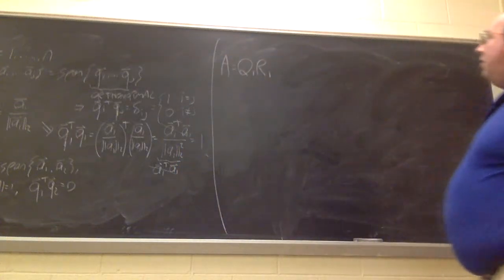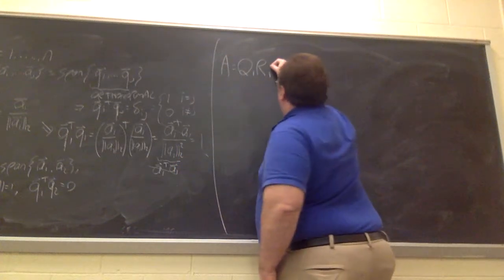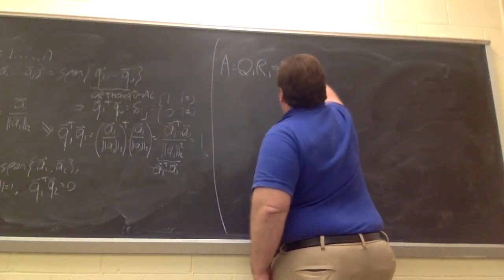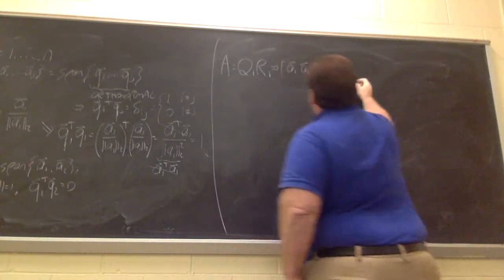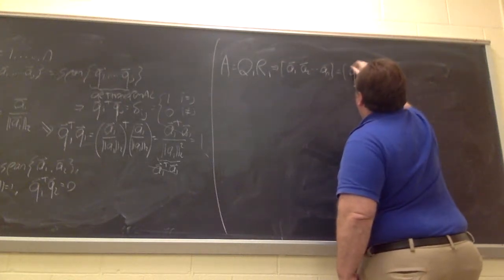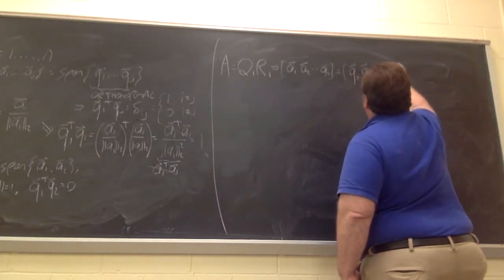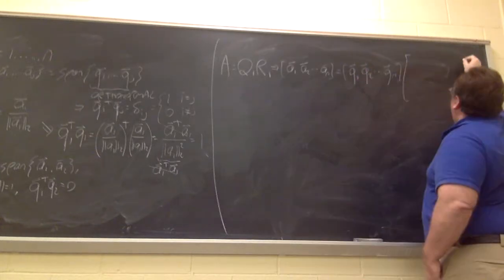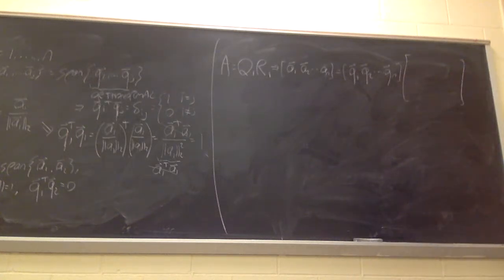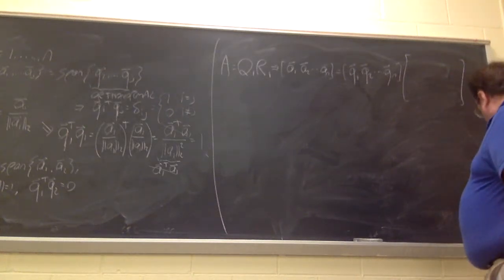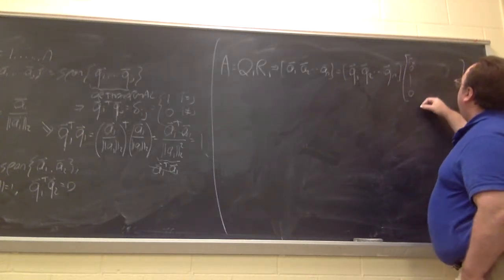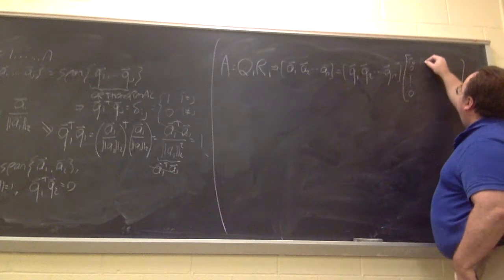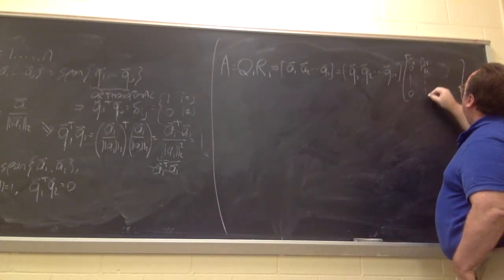Because if A is equal to Q1 R1, that's the same as saying that A1, A2 up to An, that's A, is equal to Q1, Q2, up to Qn, times R1. So I fill in the entries of R1. That'd be R11 up here, 0, and then R12, R22, and then I keep going.